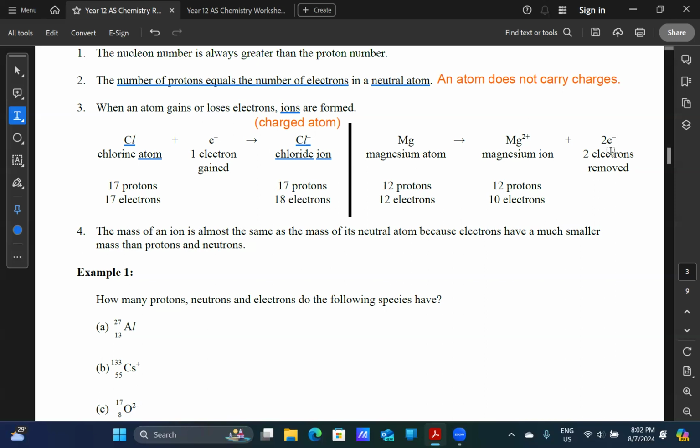If the atom gains an electron, you write the electron before the arrow. If you want to show the atom losing an electron, the electron is written after the arrow. Please take note.